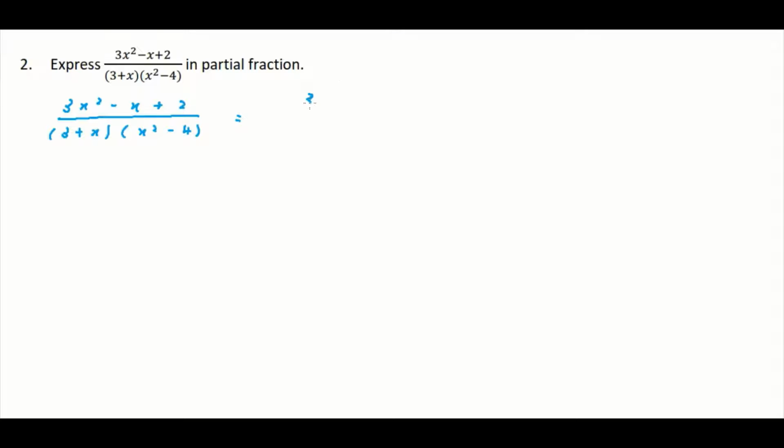So it will become 3x squared minus x plus 2 divided by, so how do you factorize this? You will get x minus 2 and x plus 2. From here you can see that you have 3 distinct linear factors.